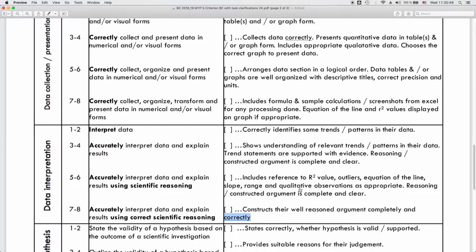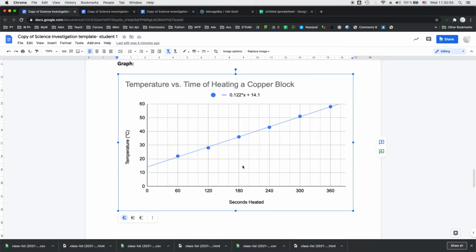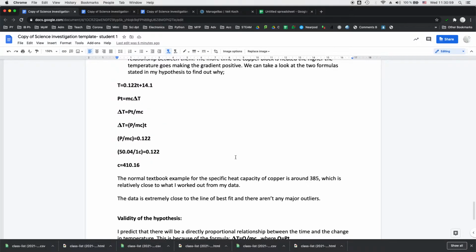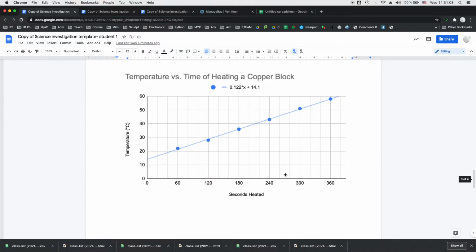So let's have a look at what you get here in the different reports. For the first one here, it says a linear proportional relationship. What does this show? This shows 0.122 times x.